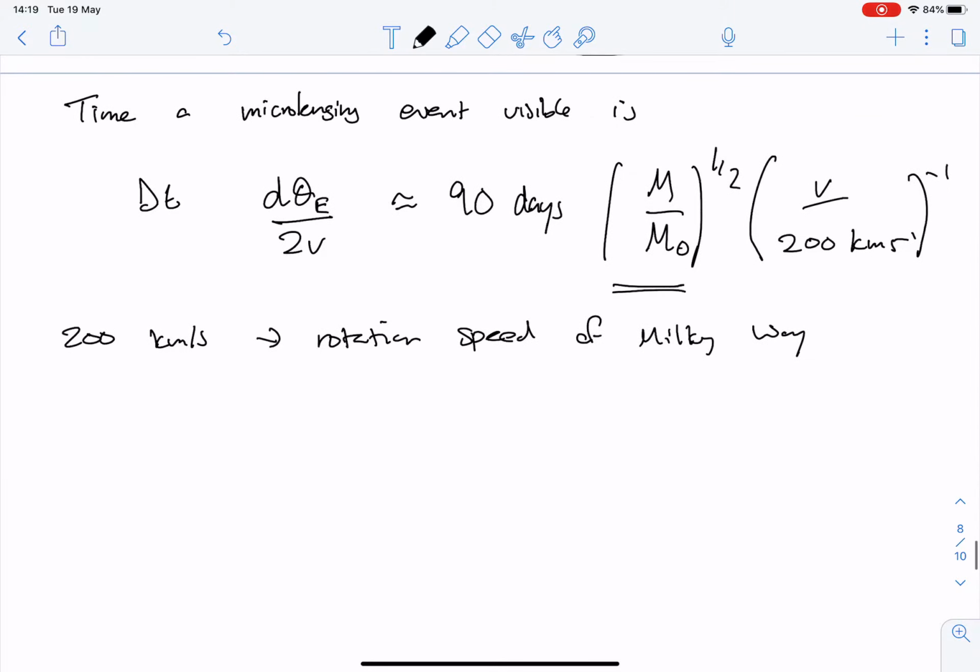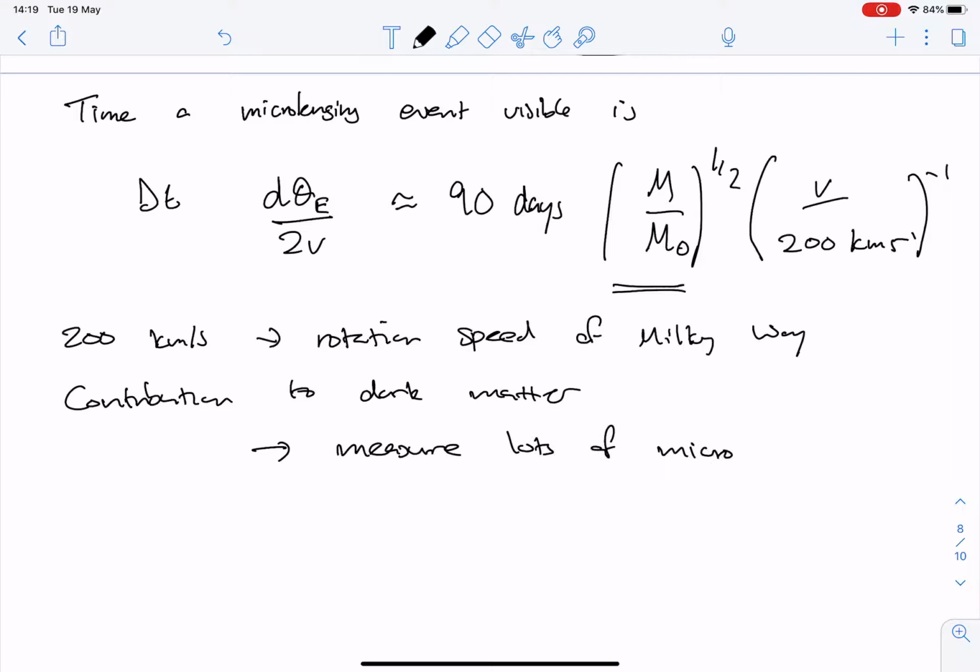So if I want to know the contribution to dark matter, then I need to measure lots of microlensing events, and that gives me the masses of the dark matter.